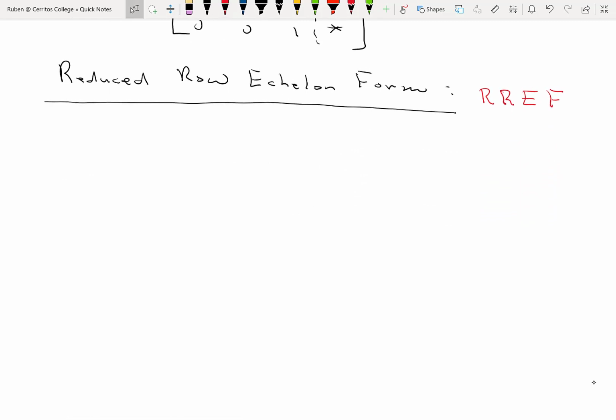So here are the 4 things. 1. Any row of zeros, which are called zero rows, appears at the bottom.